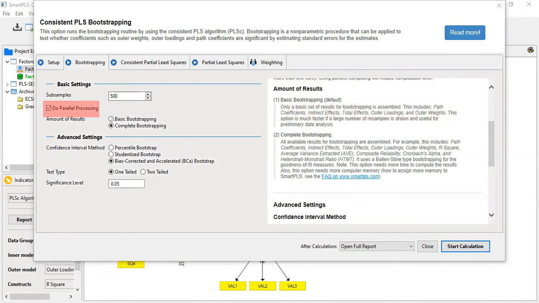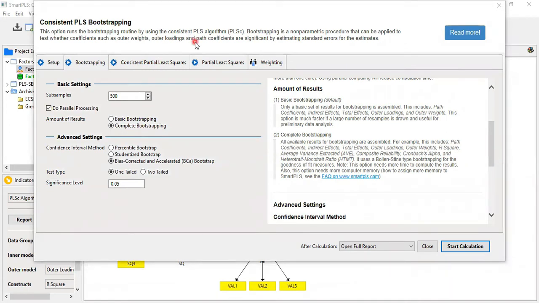But if you select the complete bootstrapping, then it will provide you not only the path coefficients, indirect, direct, and total effects, but along with them the AVE, composite reliability, Cronbach's alpha, HTMT, all these. So that's why I think you should focus on the complete bootstrap rather than the basic bootstrapping.